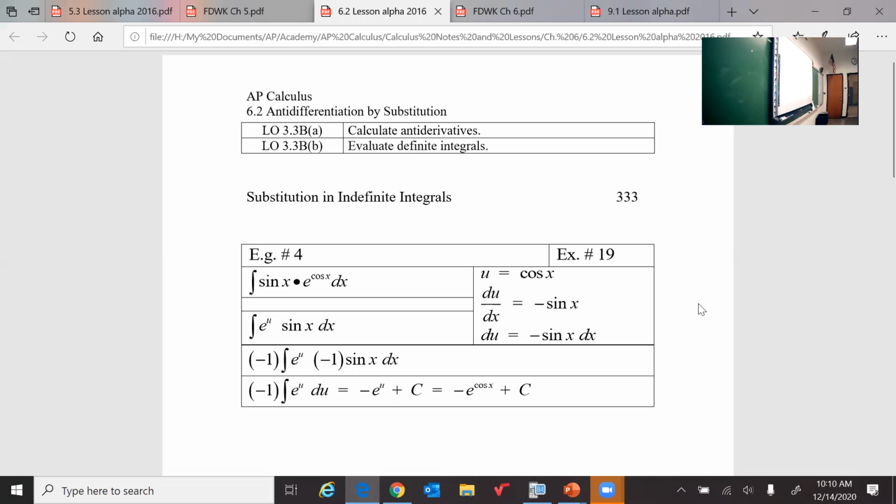You're going to problem number 19. So if you're at home, that's what you're doing. You're going to 19.